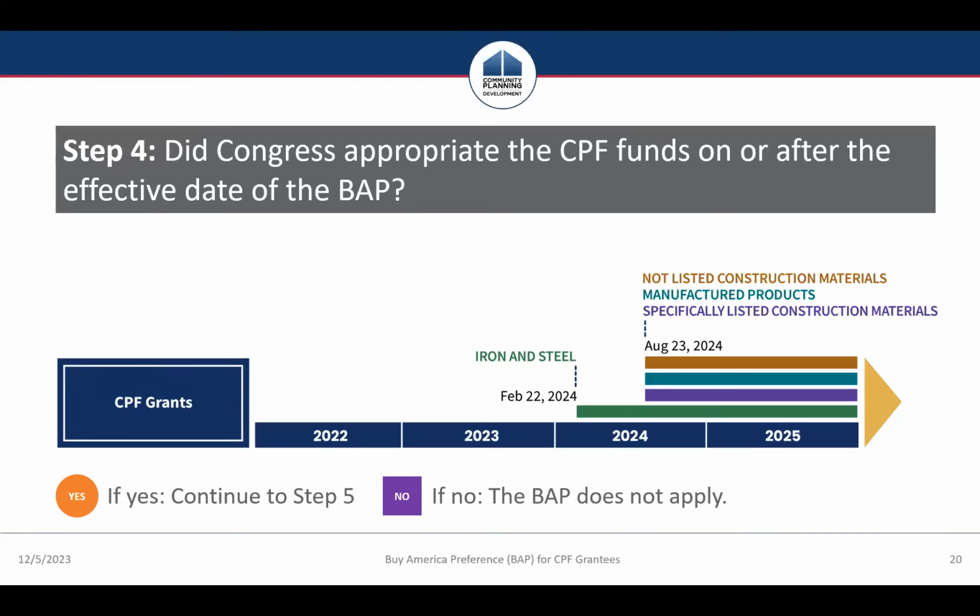For FY24, if the appropriations bill is enacted after February 22nd, 2024, the BAP would apply only for iron and steel. And then for any appropriations bill enacted after August 23, 2024, the CPF grants included in that appropriations bill would be subject to the BAP for all covered products: iron and steel, construction materials, and manufactured products.